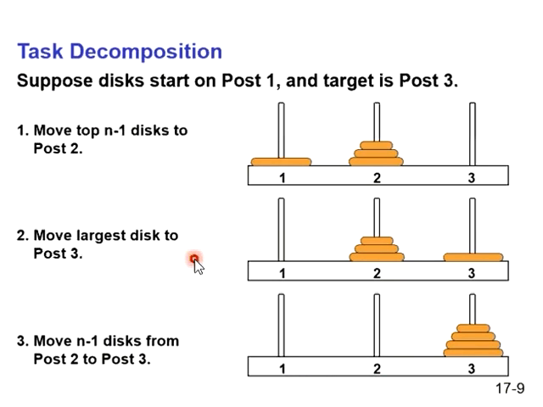Now, please look at the task closely, and we see we need to move the top n-1 disks to post 2, and then we move the last disk to post 3. And then we move the n-1 disks from post 2 to post 3.